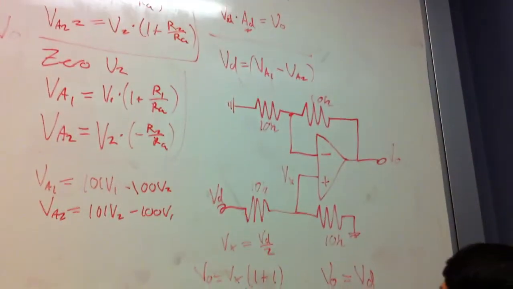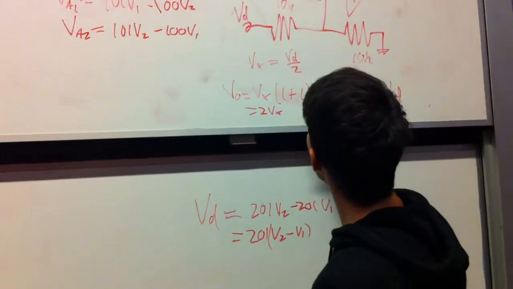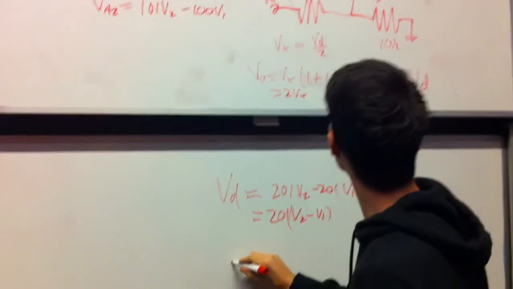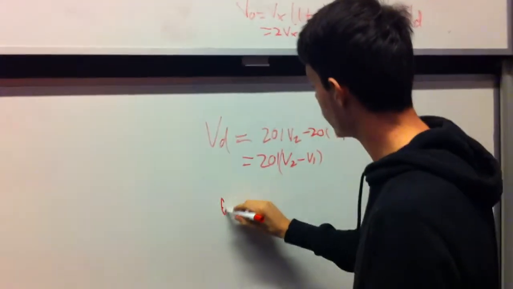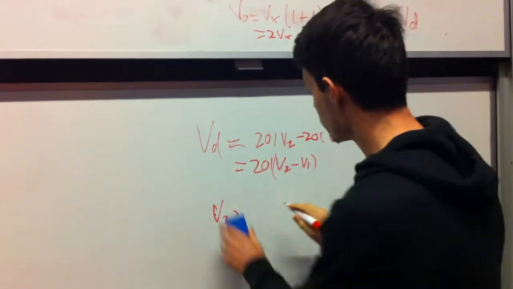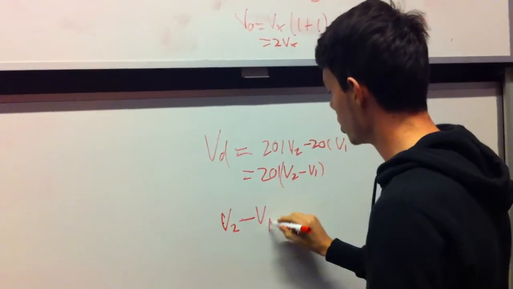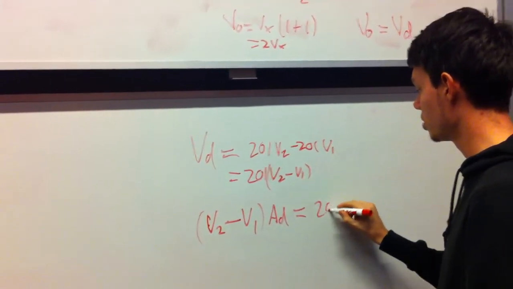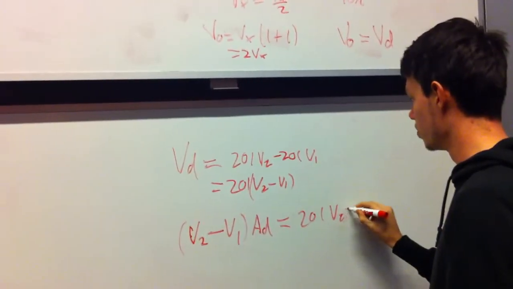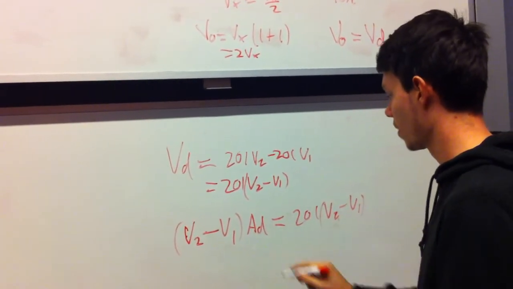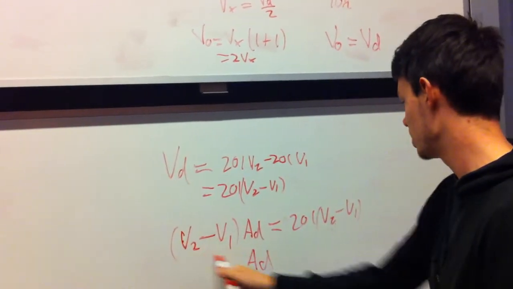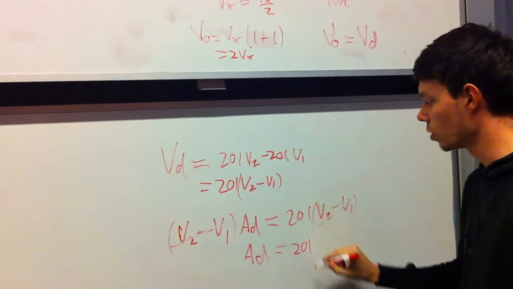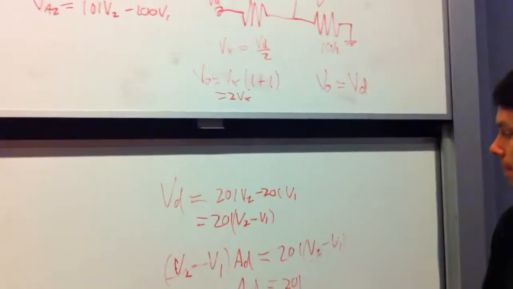Then we sub it back into that equation where VID, which is V2 minus V1, times AD is equal to 201 times V2 minus V1. These will cancel, so AD is just equal to 201, which is the gain of our total circuit.